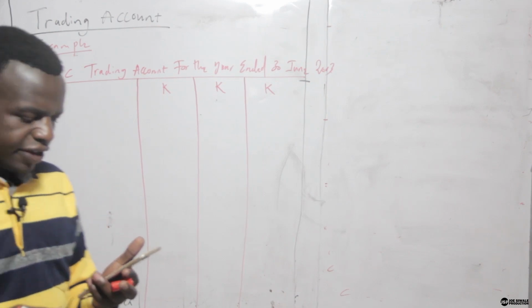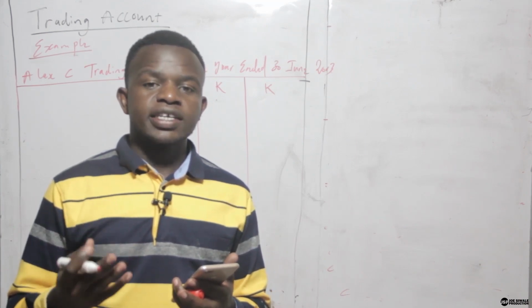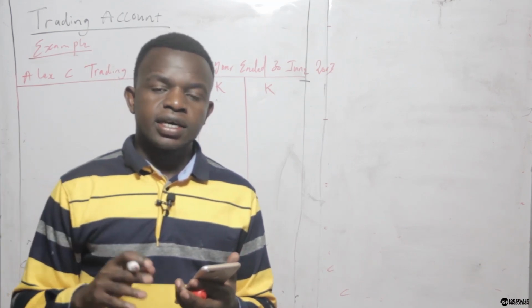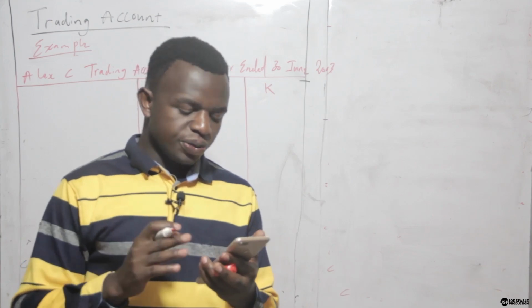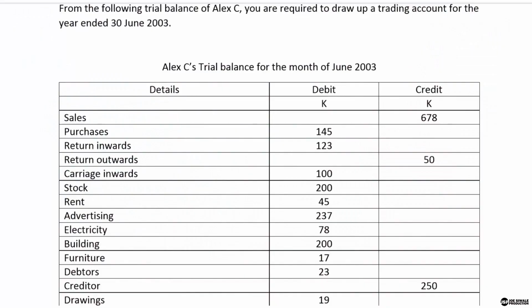And since we have been given this trial balance, we need to identify the items that are placed in the trading account. So we'll start with sales, and sales amounted to 678.